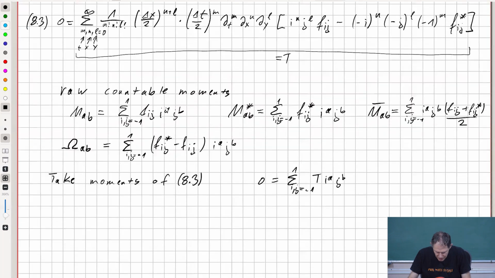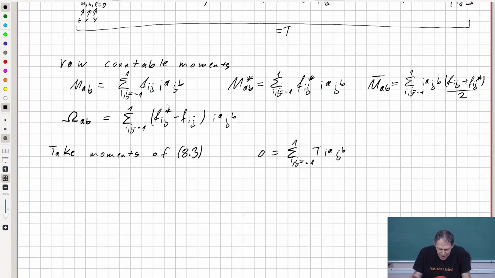And upon doing this, we need to write a little bit smaller because this now takes up a lot of space. So what we have here is the sum over i, j from minus 1 to 1. Then we have the sum over m, n, l from 0 to infinity of 1 over m factorial n factorial l factorial.